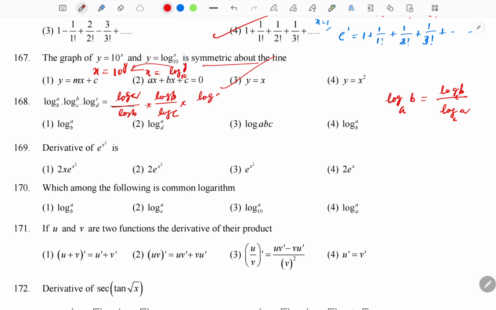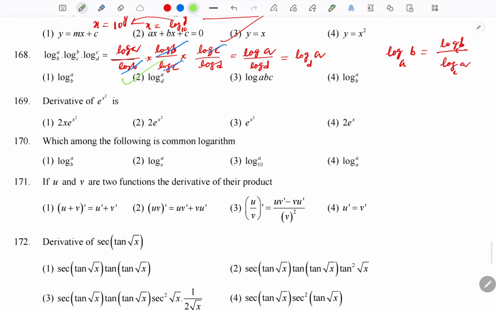What is your observation here? Log b cancels, log c cancels. What is remaining here? Log a by log d. How to write this one? Log base should be d and exponent should be a. So which option? It is option number 2.